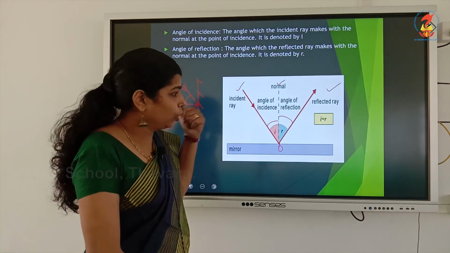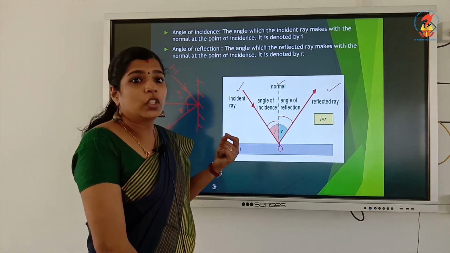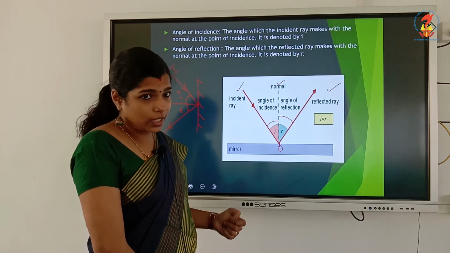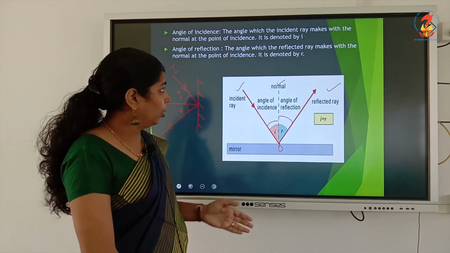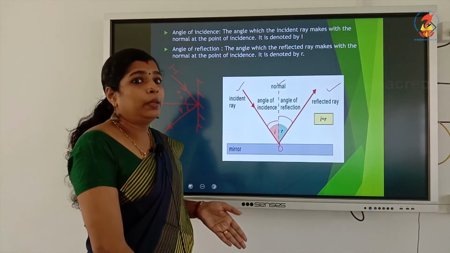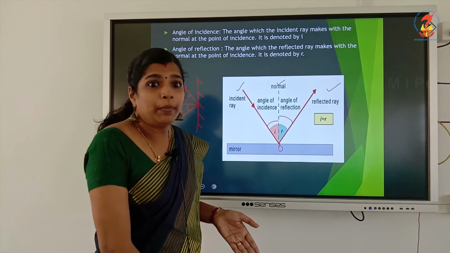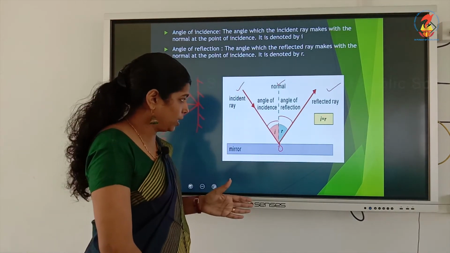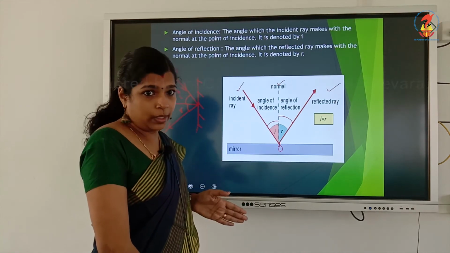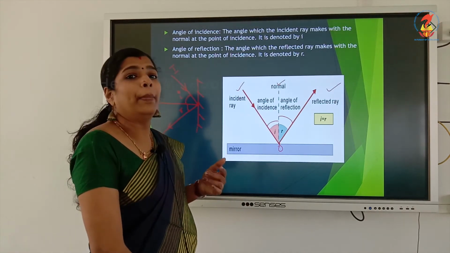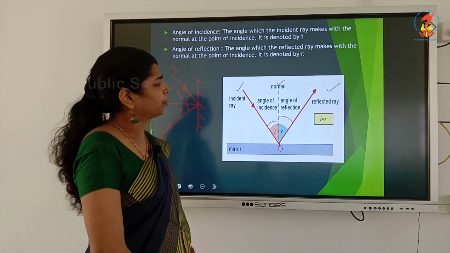Then point of incidence: the point at which the incident ray strikes the mirror's reflecting surface. Now, the normal: if you draw a line perpendicular to the mirror surface from the point of incidence, that is known as the normal.